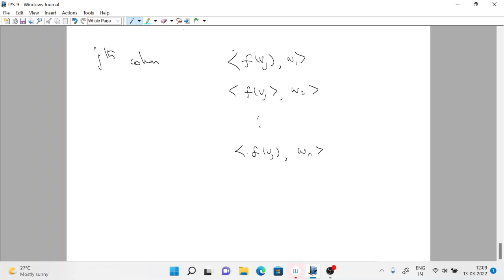So the jth column, how do I get it? f of Vj inner product with W1, and f of Vj with W2, and so on, f of Vj with Wn. This is the jth column.